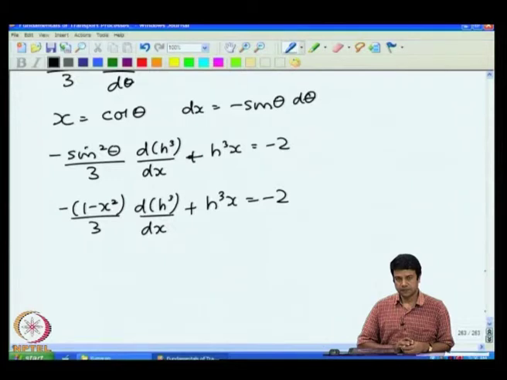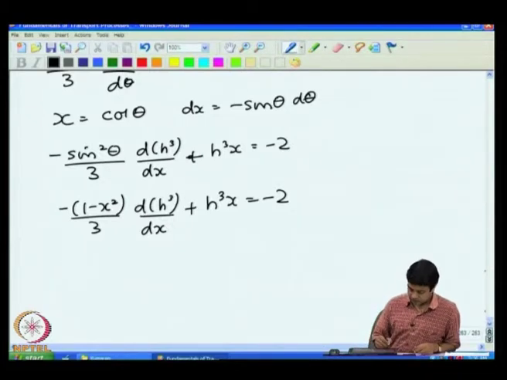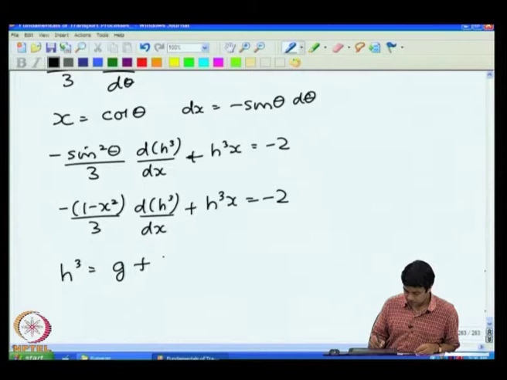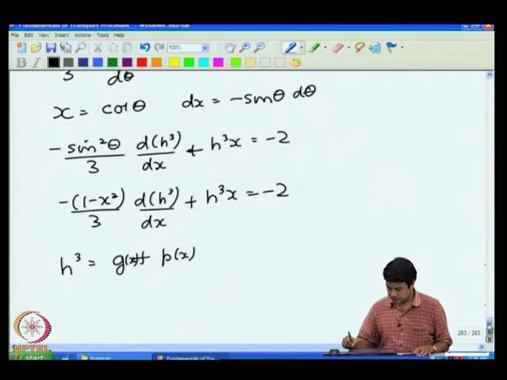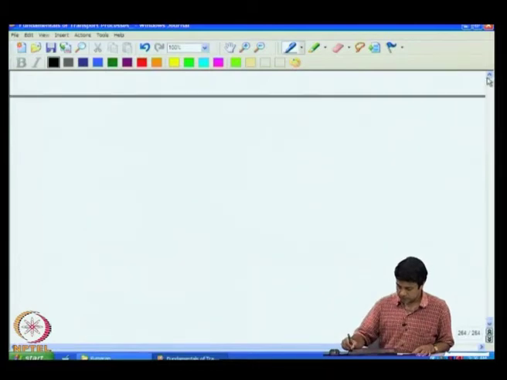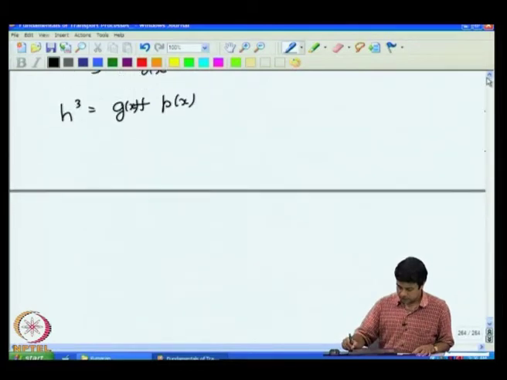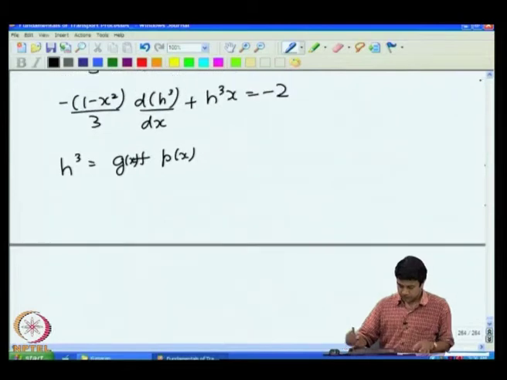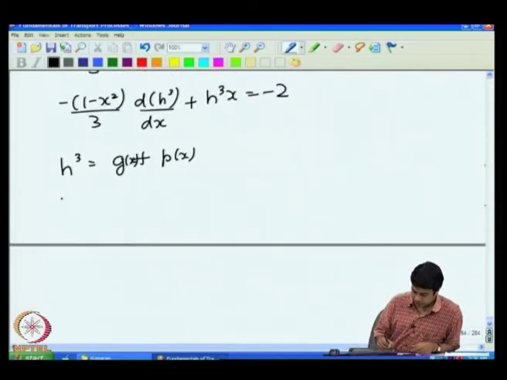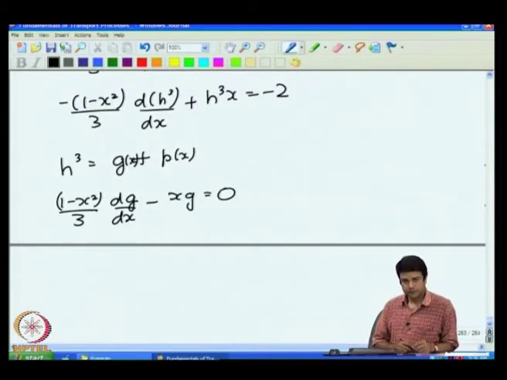I can separate out this function h cubed into a general solution plus a particular integral. The general solution satisfies the equation 1 minus x square by 3 dg by dx minus xg is equal to 0.